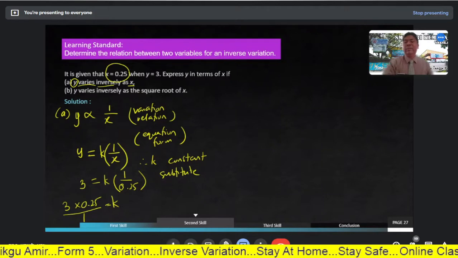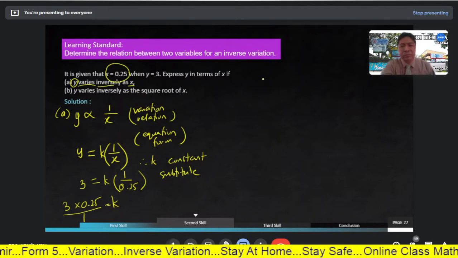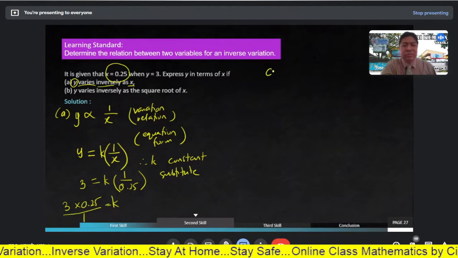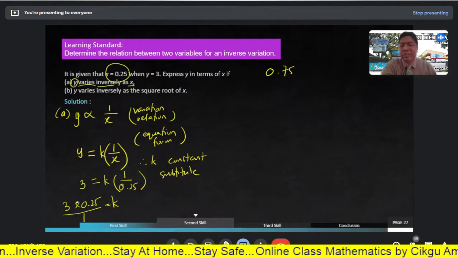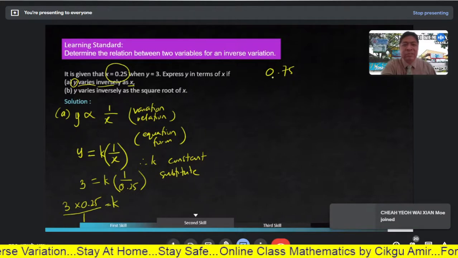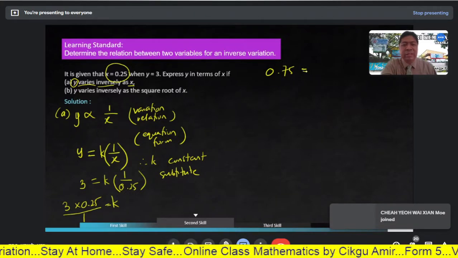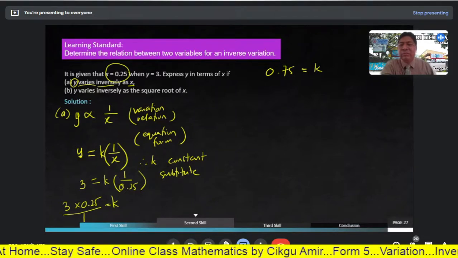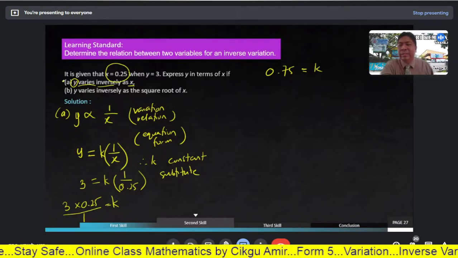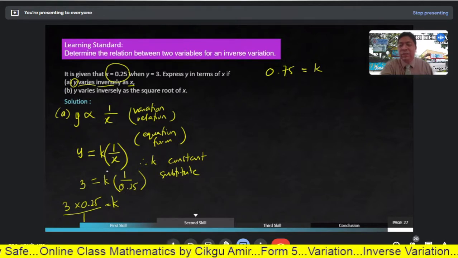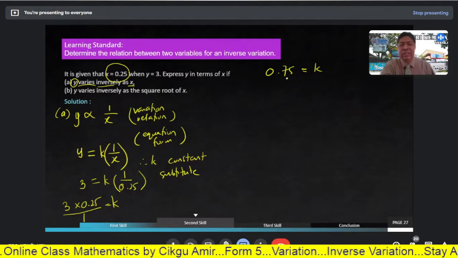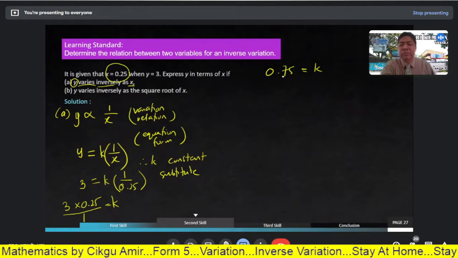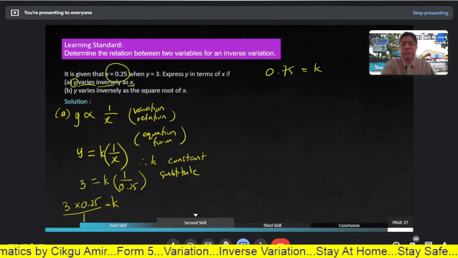So 3 multiplied by 0.25 is 0.75, divided by 1 is still 0.75, equal to k. So for example A, the value of k is 0.75.